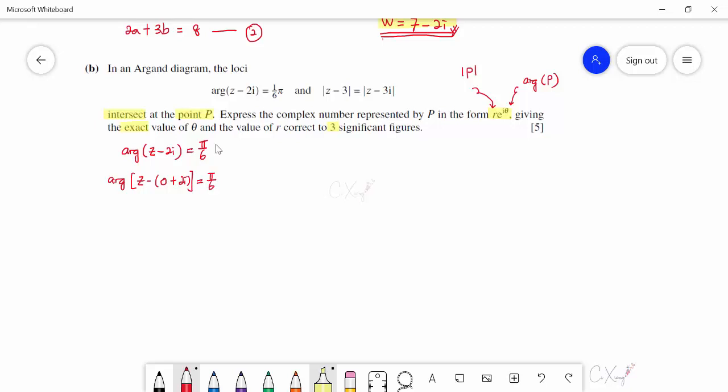This tells you that when we sketch the Argand diagram, the point we are referring to should be (0, 2), where 0 means the real axis and 2 means the imaginary axis. Maybe I can try to label it first.